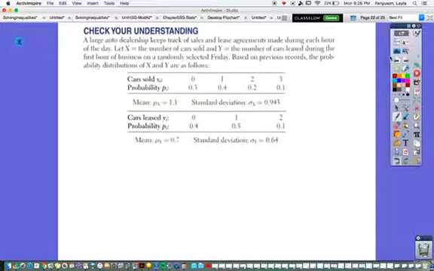If it doesn't, what you need to do is define that D equals X minus Y. And for number 1, we want to find and interpret the mean of D. So if we are finding the mean of D, we would have to say the mean of X minus the mean of Y.